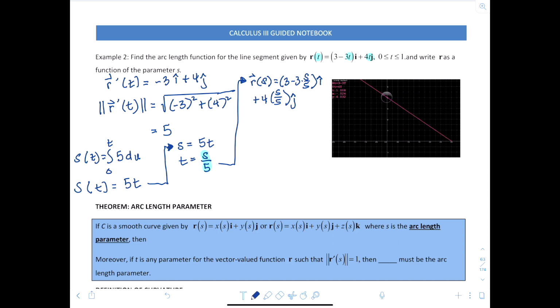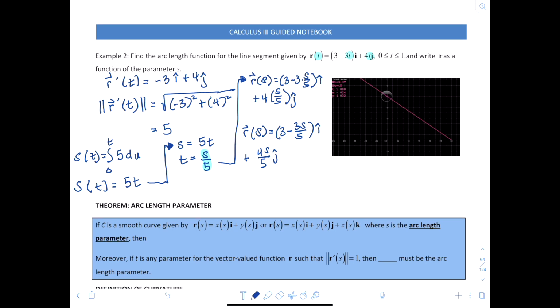So r at s will be, sorry, my 5s and my s's are very similar, (3 minus 3 times s over 5) times i plus 4s over 5 times j.